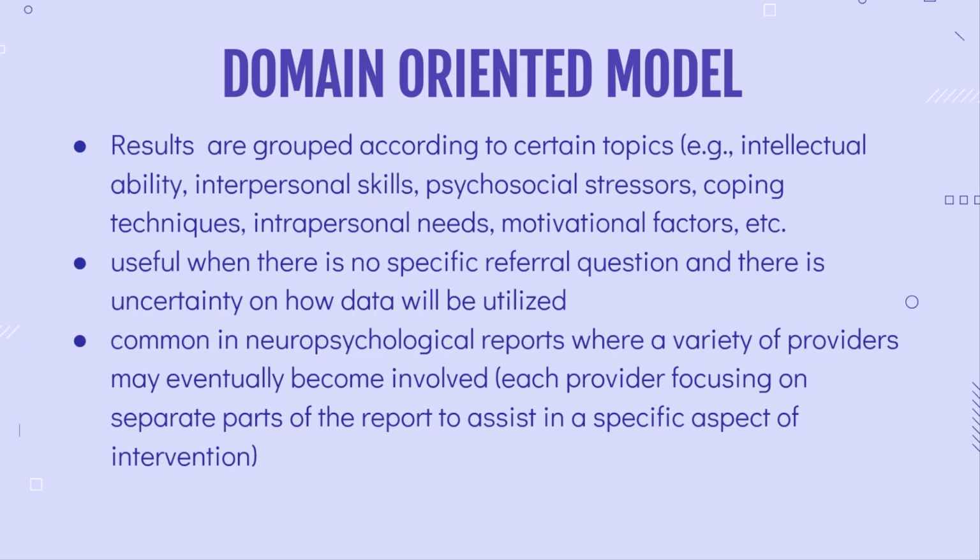Like, you can always use the domain-oriented model if, for example, the client wants to know his strengths or weaknesses. If it's a self-referral and there is no specific referral question, that could be a good model to use.